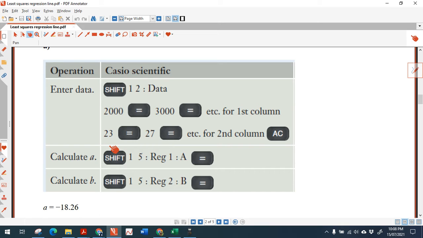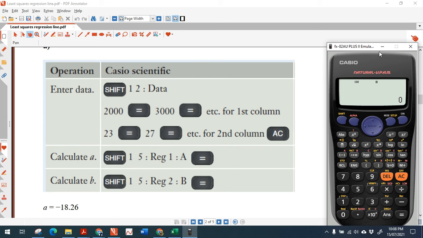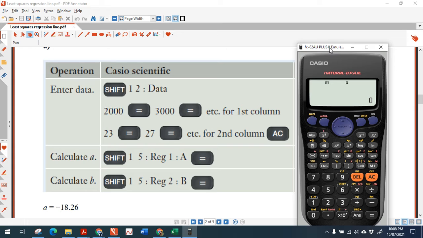All right, so you should have your printed notes with you, and here is my calculator. We're going to follow the instructions. First of all, I'm going to go into stat mode. Actually, the first instruction is shift 1 and then 2.